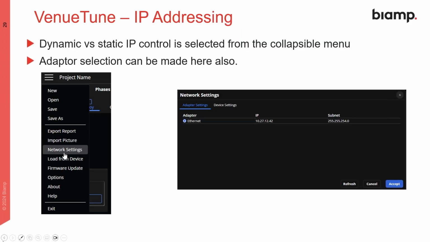Okay, IP addressing. We can access the adapter settings from the network settings menu. There are other ways to do this, but this is the most direct.